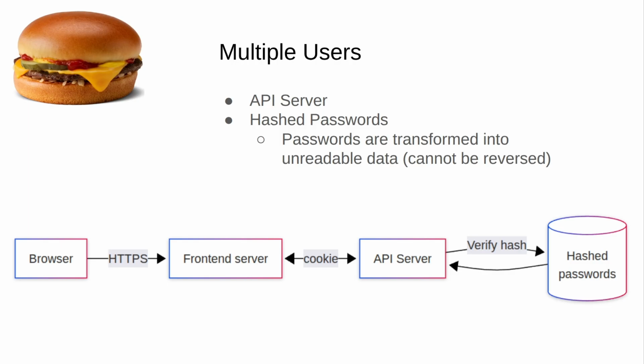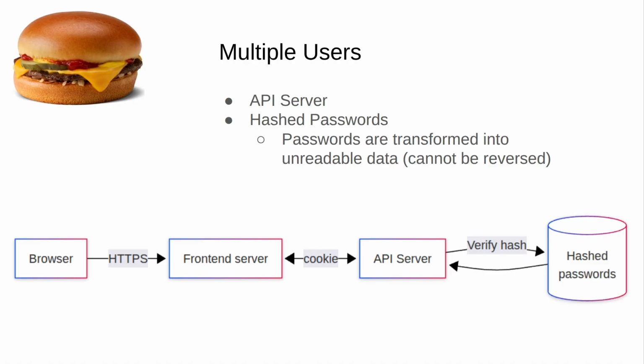We're going to start up another Python server. This one will be an API server. And on the API server, we're going to have hashed passwords. Hashed passwords are passwords that have been transformed into unreadable data and cannot be reversed, such that even if someone hacks into your server and somehow gets the passwords, they are unreadable.